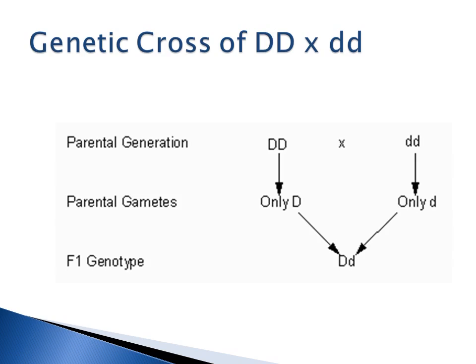So you get one from one parent and one from another. So let's say in this case you would have to get one big D and one little d. So that first generation, or the F1 genotype, is going to be big D, little d. There's no other possibility of the genotype in that first generation.